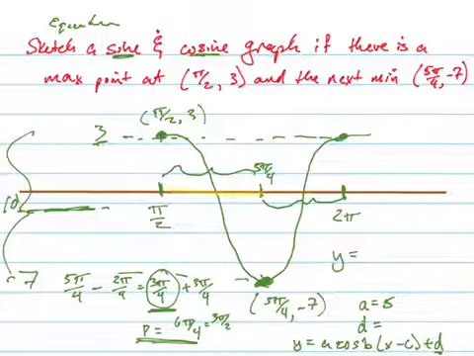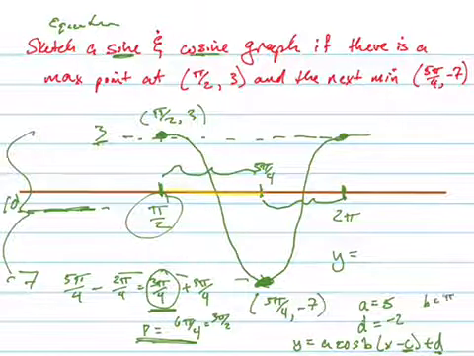So our vertical shift is down 2. Our C, that's our horizontal shift, is pi over 2, right there. I'm sorry, that's not our B, that's our C. Our C is pi over 2.